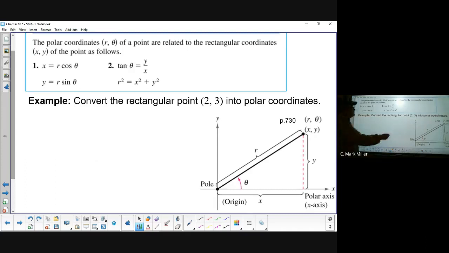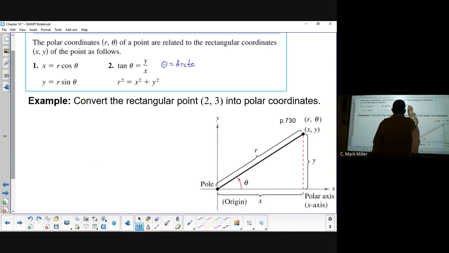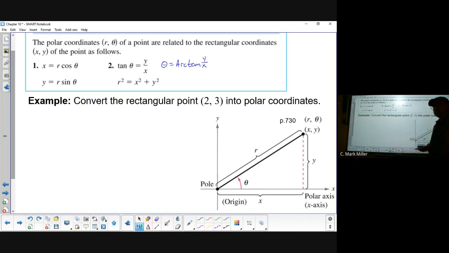This here is the same as saying theta is arctan, which is what I said on the other screen. So convert these rectangular coordinates into polar. We're told those are rectangular, so this is the x, this is the y. Convert them into polar. Now r is going to be the square root of x squared plus y squared.